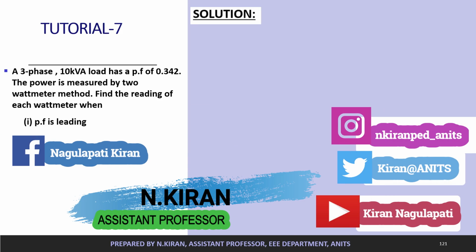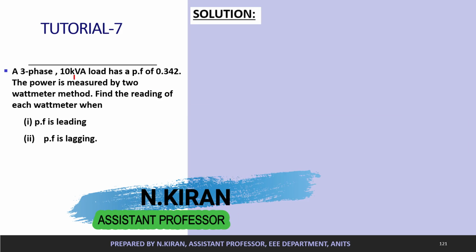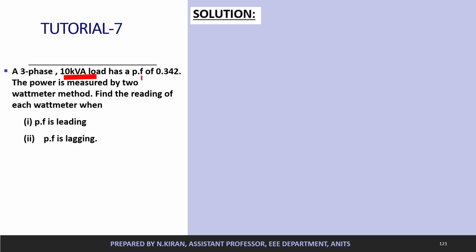A 3-phase 100 kilowatt load has a power factor of 0.342. The power is measured by using 2 wattmeter method, and we have to find the reading of each wattmeter if the power factor is leading and lagging.